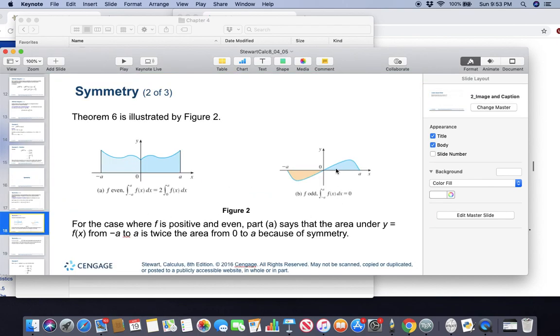For a quick recap, if you have an odd function, part of it will be above and precisely the same amount is below, so they cancel each other. So with symmetric endpoints for an odd function, the integral is 0.